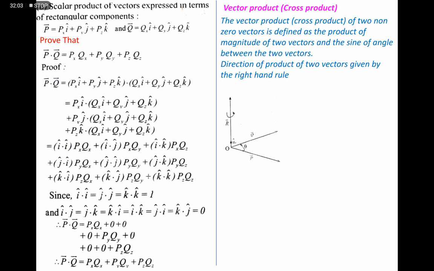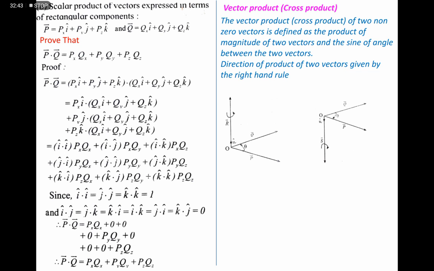The right hand screw law is that if we rotate the vector p bar to q bar, the screw advances in the forward direction. If we rotate the screw clockwise, meaning p to q, the screw advances forward. If we rotate in the anti-clockwise direction, that is q bar to p bar, the screw moves back. So this is the right hand screw law.